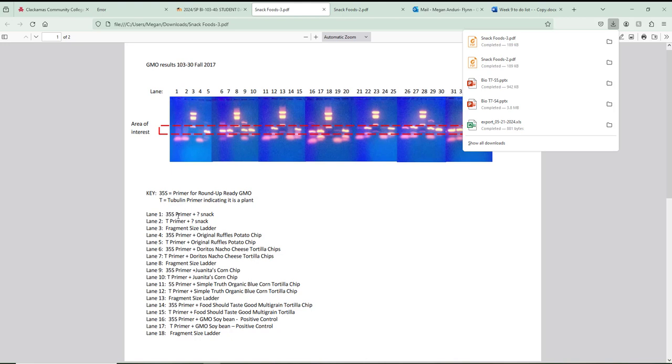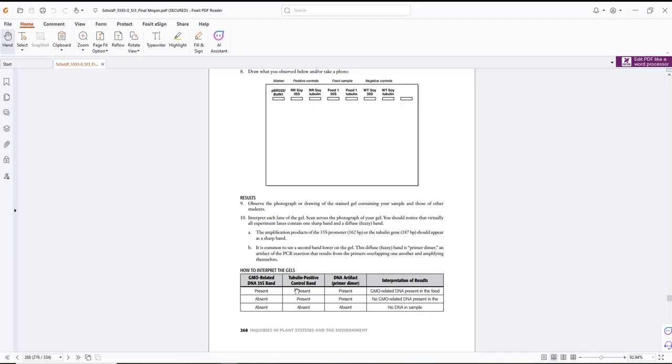In lane 1 we have the 35S primer, which stands for the Roundup Ready GMO, and then we have the T primer, the tubulin primer. If both of these are showing, present and present, that means the food has GMO DNA present.